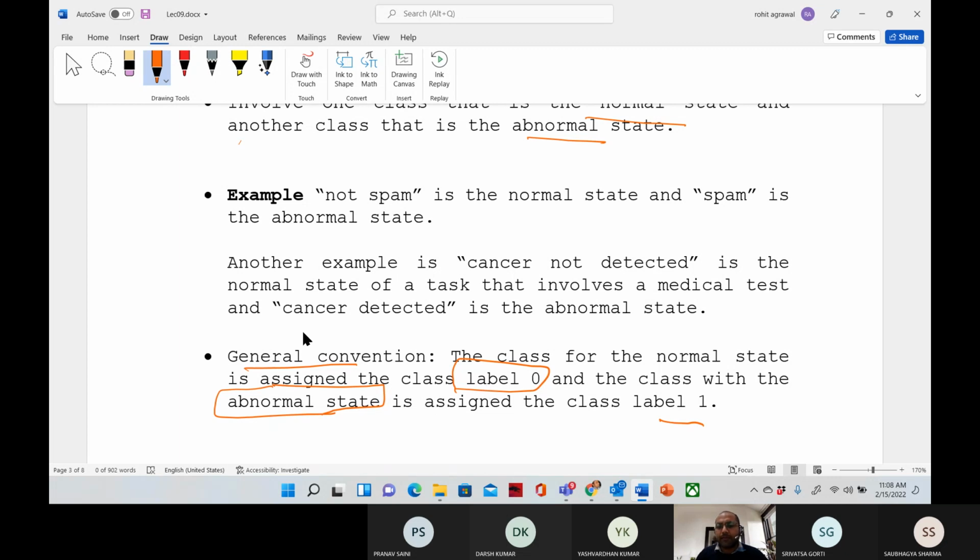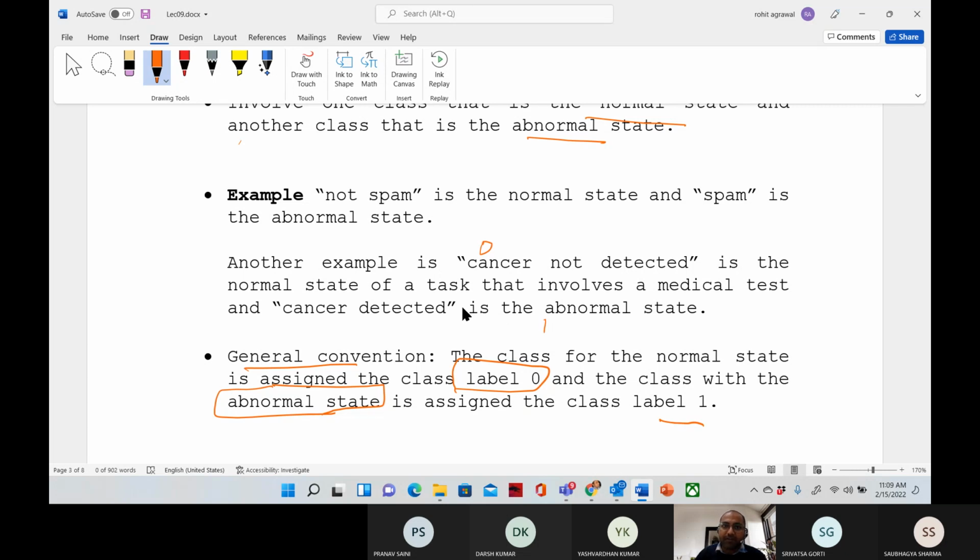One more example: cancer not detected is the normal state, and cancer detected is the abnormal state. So we can say cancer not detected is 0, and cancer detected is 1. So you can say it is 0-1 classification, or binary classification, or two-class classification.